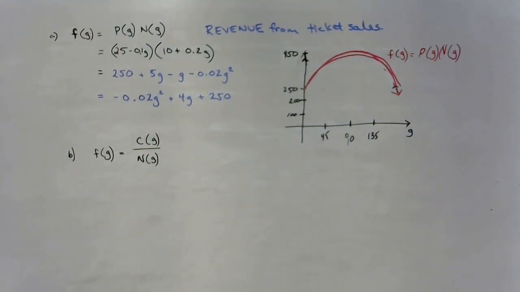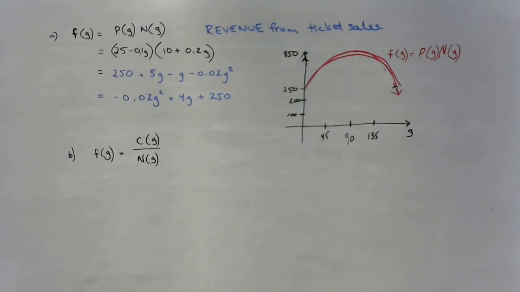So c of g is the number of caps being given away, and n of g is the number of people. And if you look at c of g, the number of caps given away per game, is that going up per game or down per game? It's going down. There are fewer caps every game. What about the number of people, more or less each game? It's more. More each game.